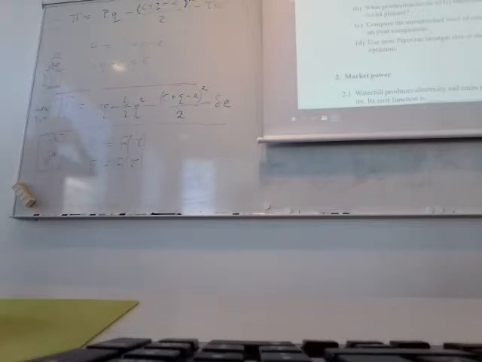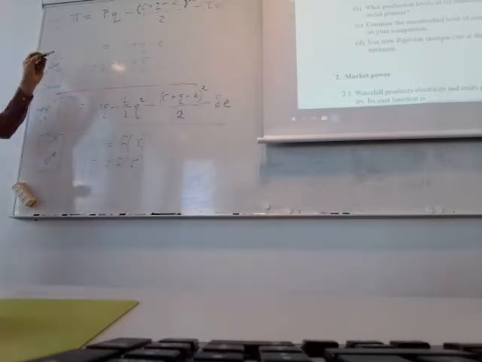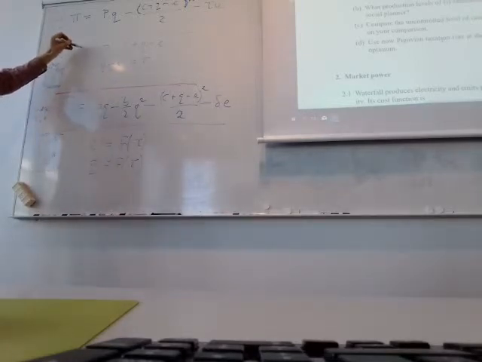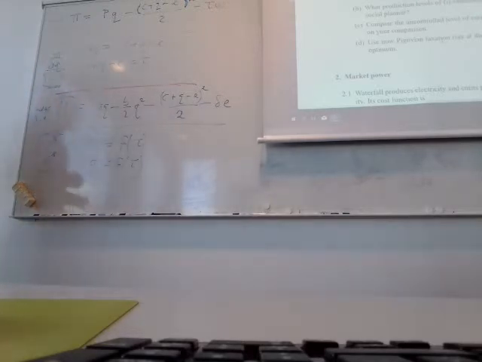Yeah, I'm mixing up the questions. I had something else. I had P equals 16 in my head. That was some other question. So P is A minus BQ. Okay.